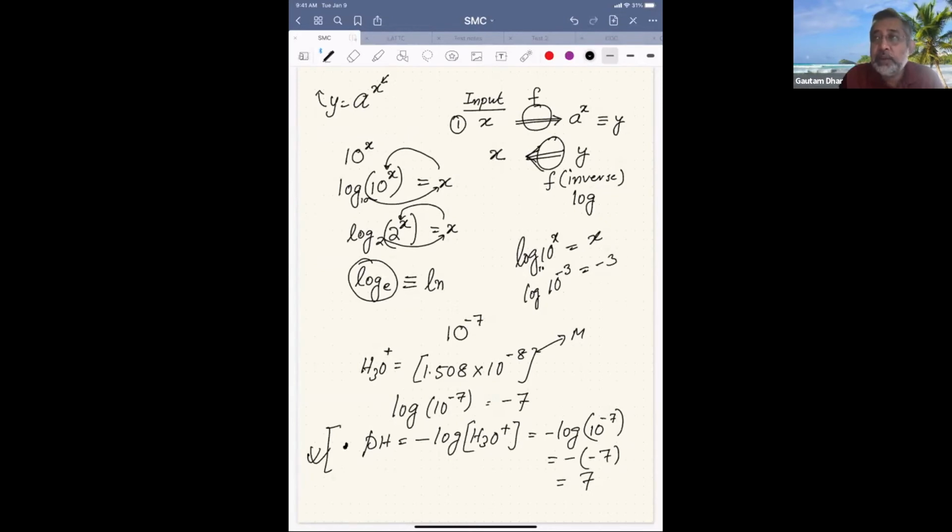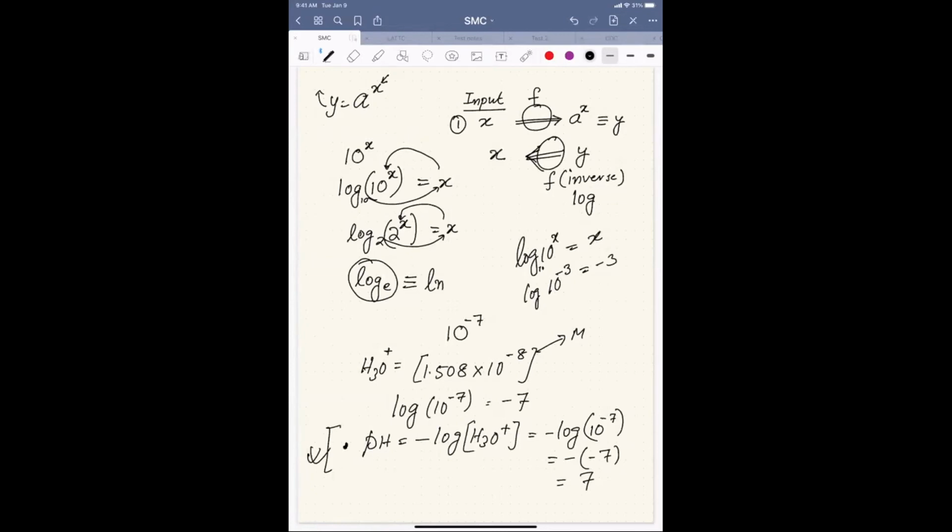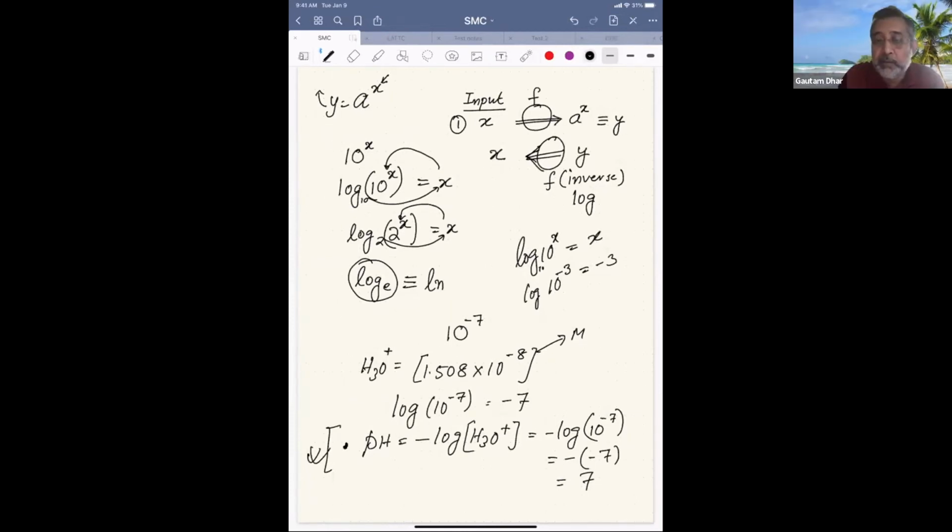So we saw that neutral water has a hydrogen ion concentration of 10 to the power minus 7. So if I write pH equal to minus log of concentration of H3O plus, which is minus log of 10 to the minus 7, I'll get back 7. So this is basically the log. Okay, how it is defined, and this is how log works.